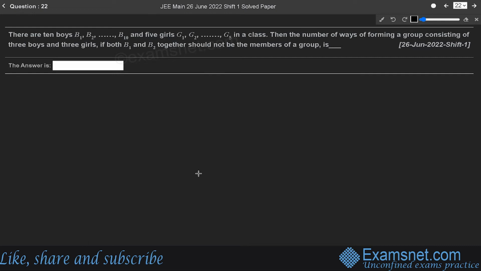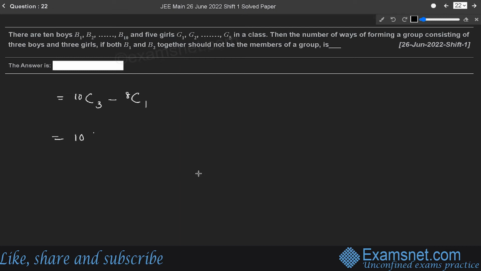We know that the number of ways when B1 and B2 are not together will be equal to the total number of ways of selecting 3 boys minus the ways B1 and B2 are together. So this can be written as 10C3 minus 8C1. 10C3 is the total number of ways of selecting 3 boys and 8C1 is when B1 and B2 are together.